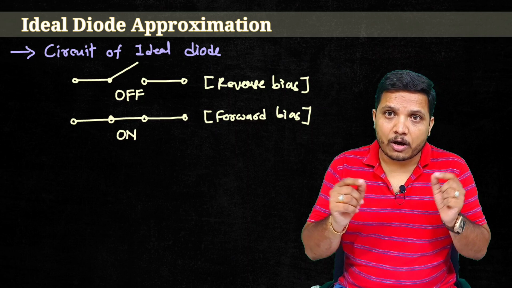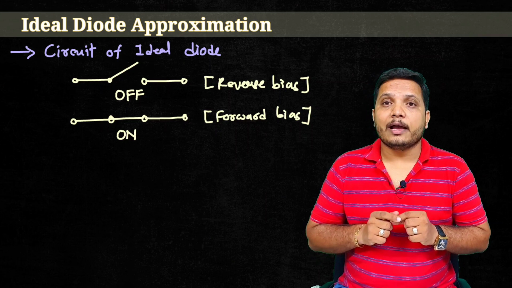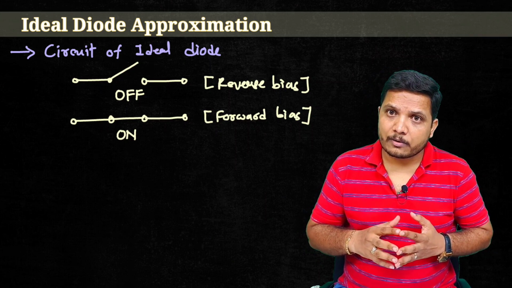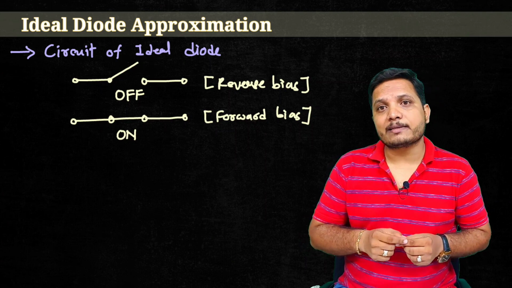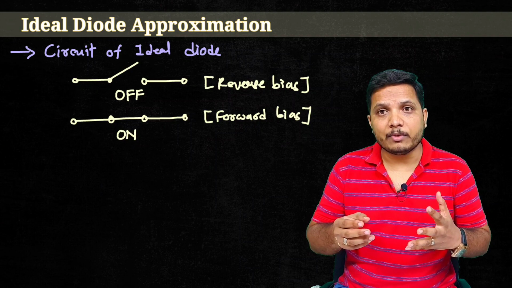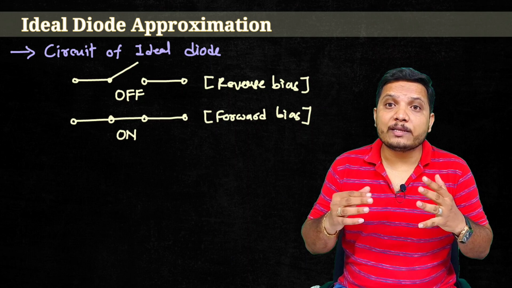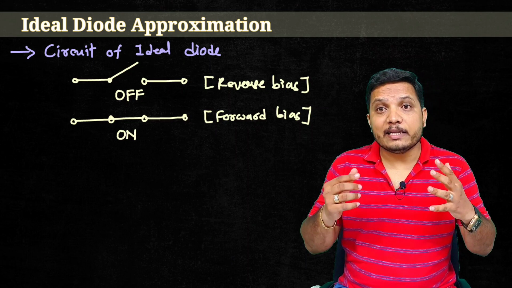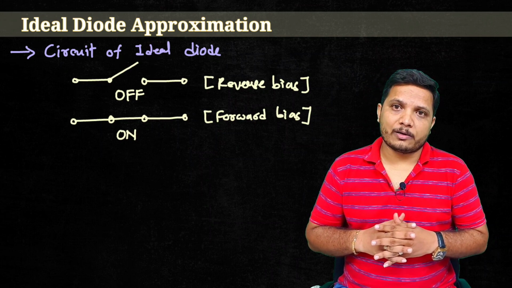As the switch is on, one can say the potential across the diode is 0 and infinite current is passing through the diode, right? And when the diode is under reverse bias condition, it offers an open circuit, or one can say an open switch. In that case there is infinite resistance, so 0 current will flow through the diode, right?